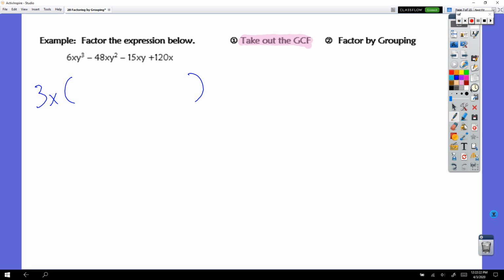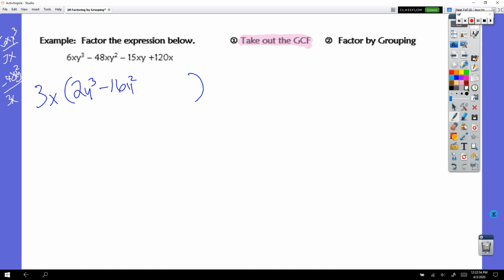So when I do the GCF portion, I'm thinking 6xy cubed divided by 3x, and I'm going to write down my answer. That would be 2y cubed. Then my next thing is negative 48xy squared divided by 3x, and for that I'm going to get negative 16y squared.